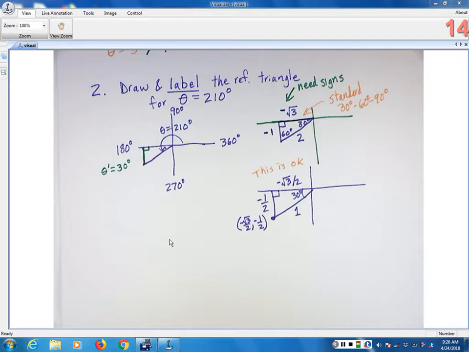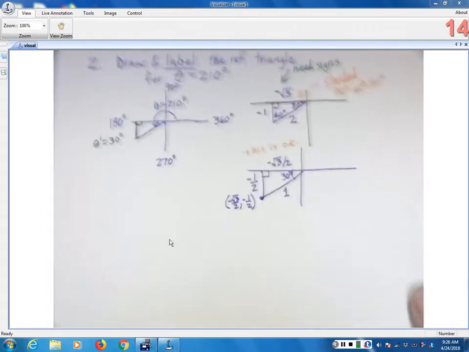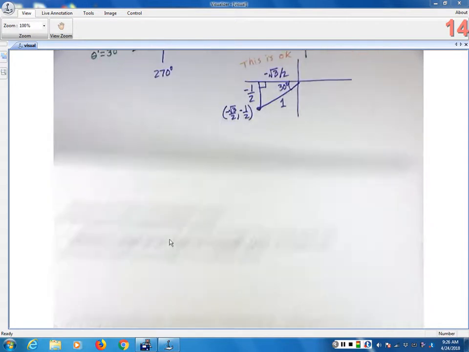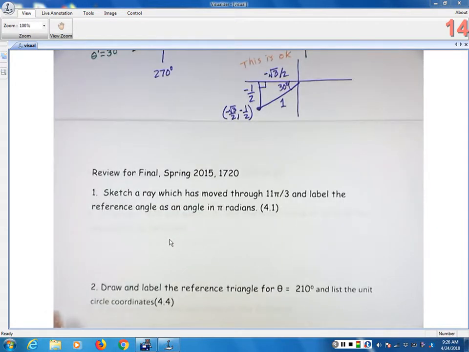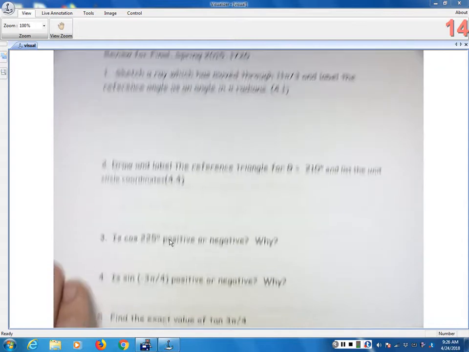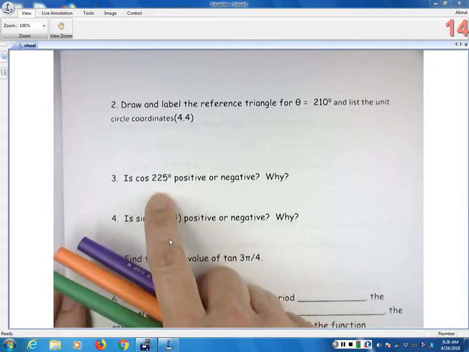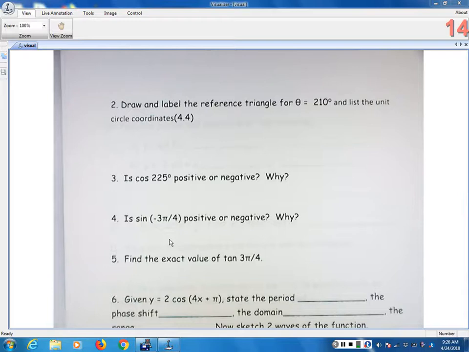Okay, number 3. I just printed this out. Well, I can write on it now. All right. So this is the non-calculator part. Is cosine 225 positive or negative?